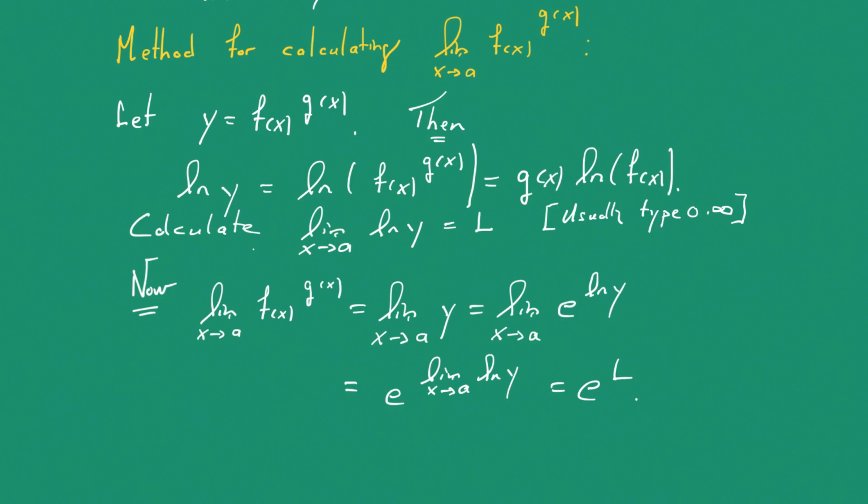And then we'll be able to return to the original limit that we are interested in, the limit as x tends to a of f of x to the g of x. That was just the limit as x tends to a of y. Y, though, is e to the log y, and we know that log y is tending to L, so this limit is just e to the L.